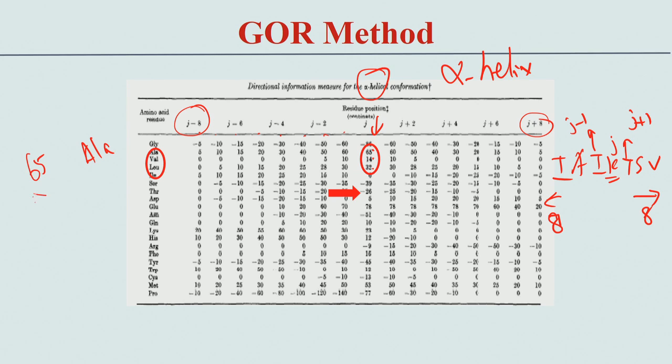Here is 14, which corresponds to valine, and here 32, which corresponds to leucine. This is glutamic acid, 78. So from this, which residues are preferred at the central position? Alanine, valine, leucine, glutamic acid.